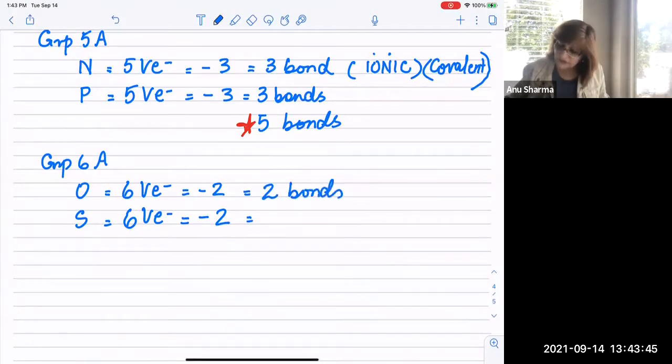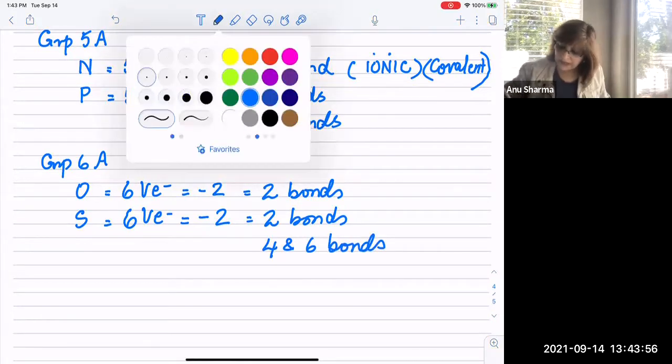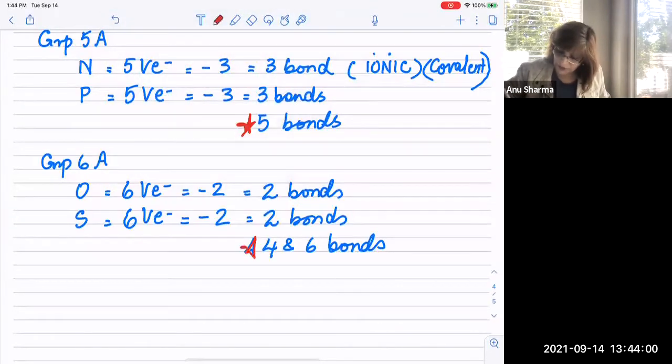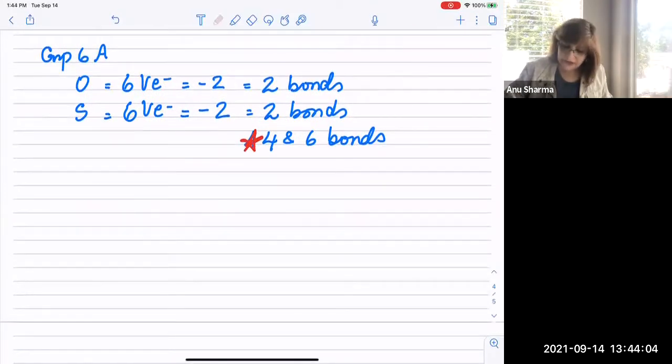But sulfur can form 2 bonds, and sulfur also can form 4 and 6 bonds. And 4 and 6 bonds are an exception, an exceptional case. And in what conditions is that? When they bond with elements that have a higher electronegativity.